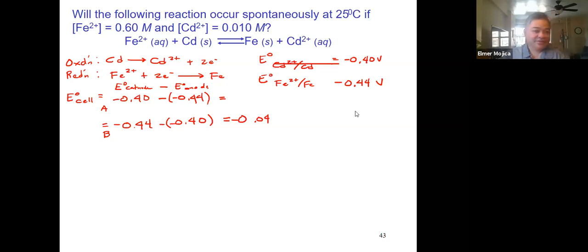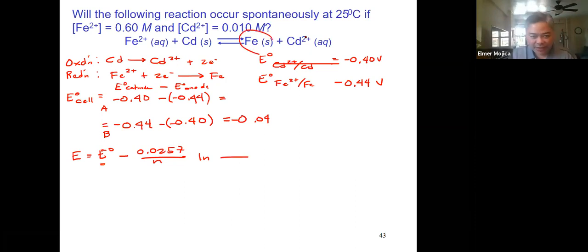Now, that's not the end of the answer. Okay? That's just the beginning, because the one that we are asked is, what is the cell potential? Or will the reaction occur spontaneously? So all we need to do is determine the cell potential here. So what we have here so far is just this one. If you're going to look at this, it will be 0.0 minus 0.0257 divided by what is your N, and then you have an Ln that is equals to what?